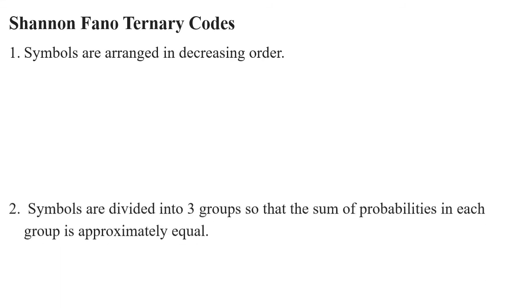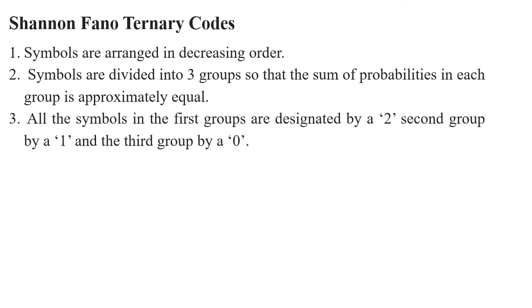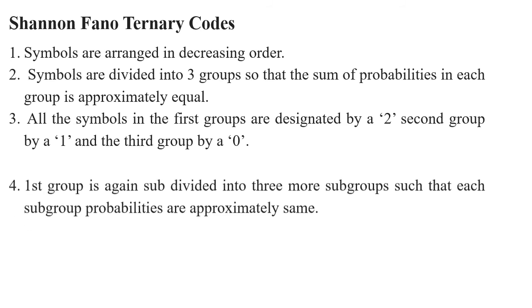Next algorithm is the Shannon-Fano ternary code, where we are going to have three code symbols, not zeros and ones, but 0, 1 and 2. So the steps are: first, symbols are arranged in decreasing order. Second, symbols are divided into 3 groups so that the sum of probabilities in each group is approximately equal. Third, all the symbols in the first group are designated by 2, the second group by a 1 and the third group by a 0.